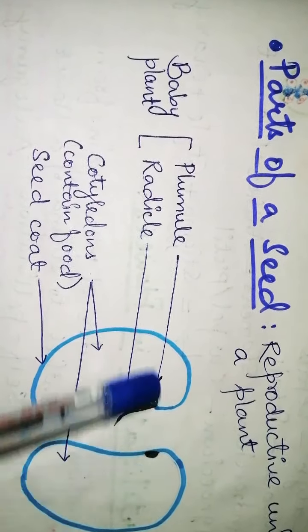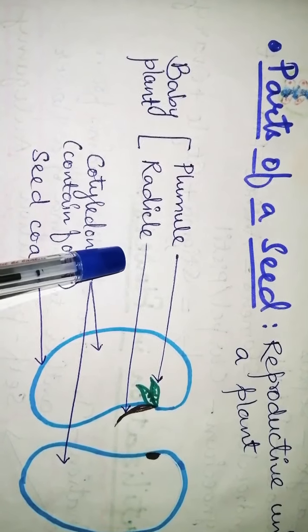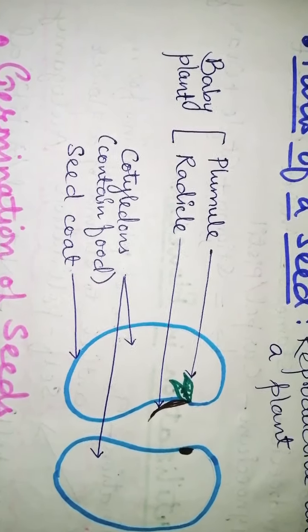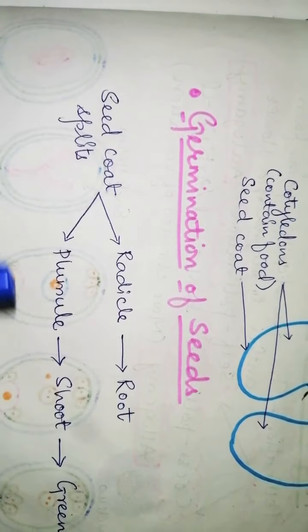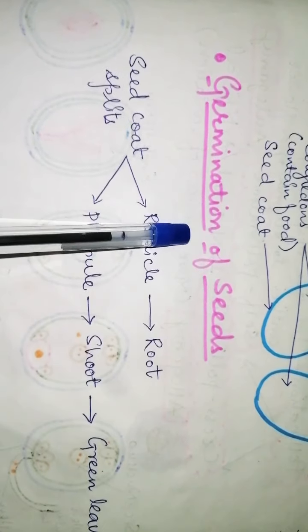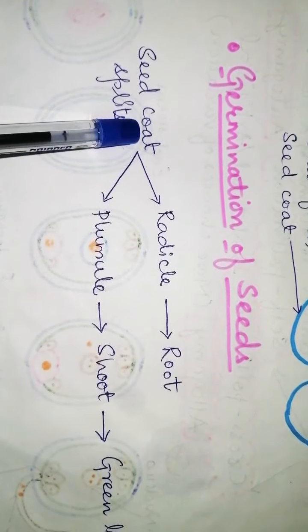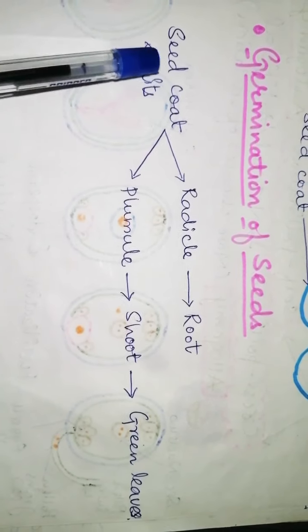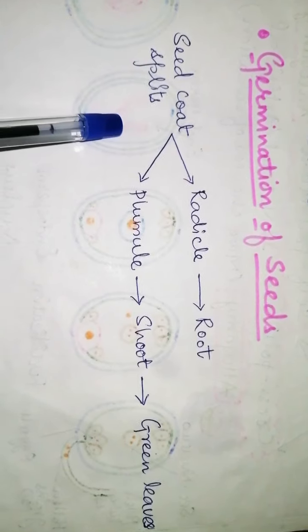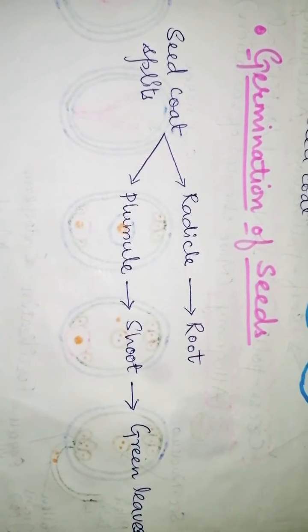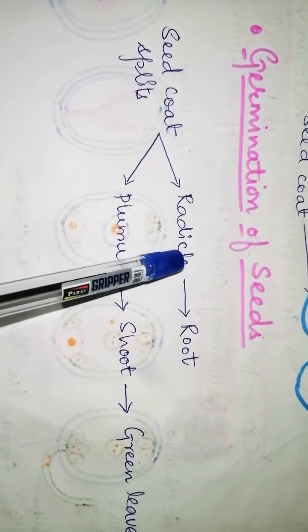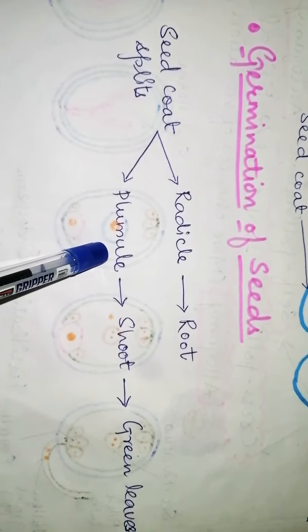Now let us see what happens to this plumule and radicle when the seed is getting germinated. When all the conditions are favorable, the seed coat splits, or it opens up and gives rise to two structures known as radicle and plumule.